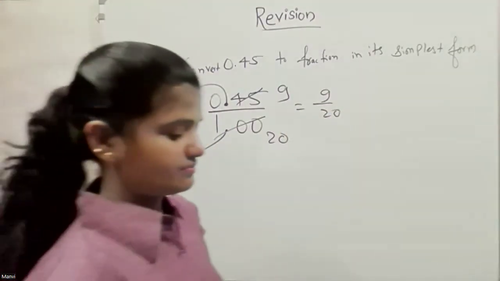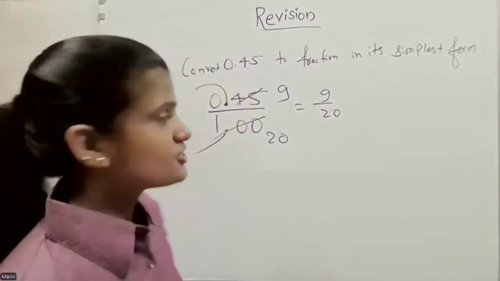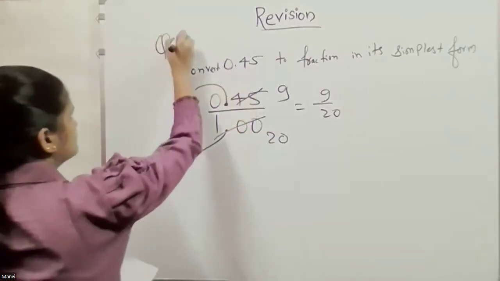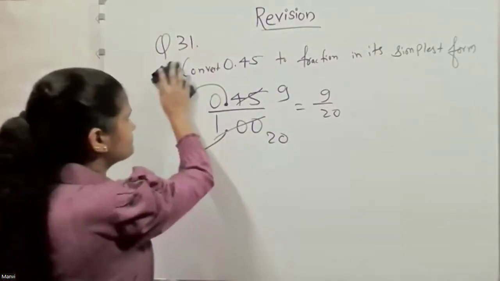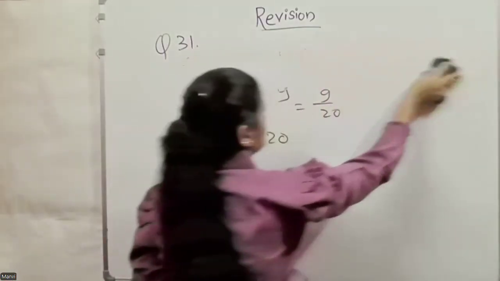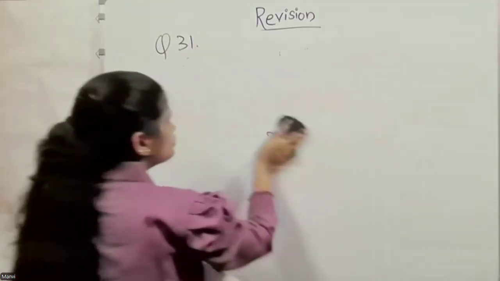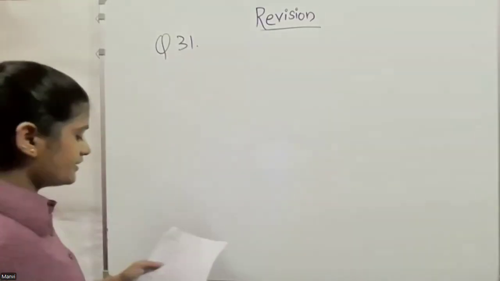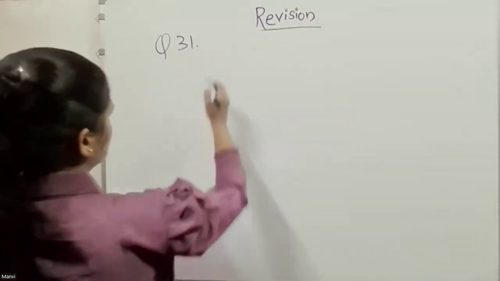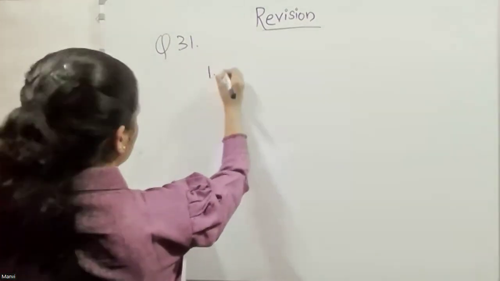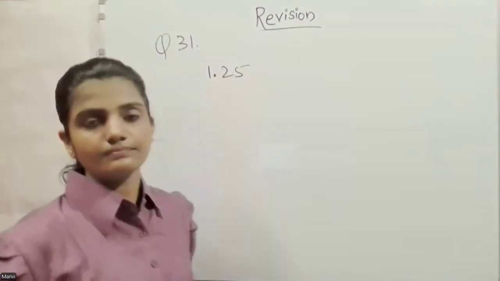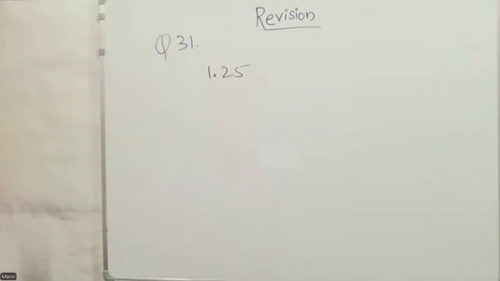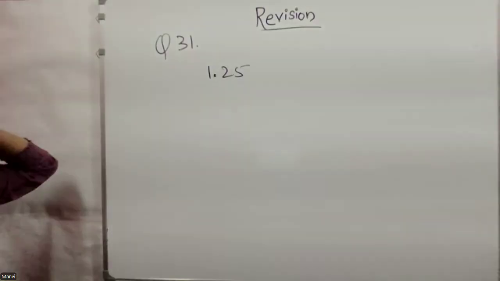My turn. Try question number 31, please. The same question: convert into fraction in simplest form. The question is this, 1.25. 5 by 4. Wow, that's good.